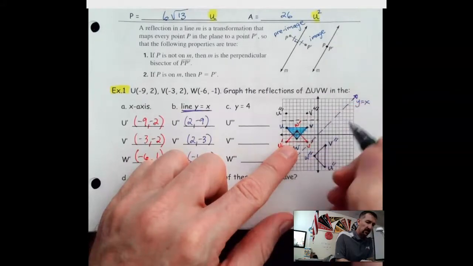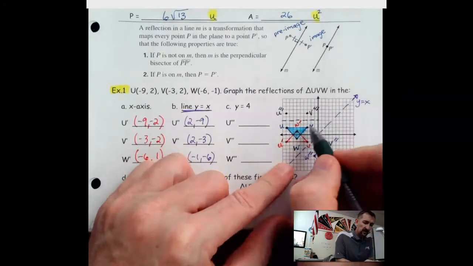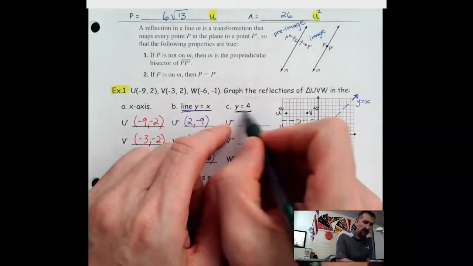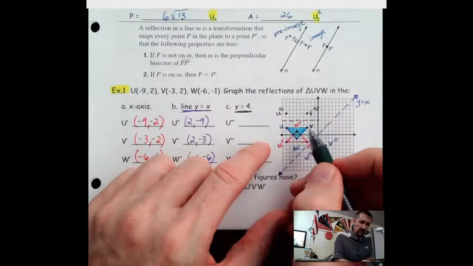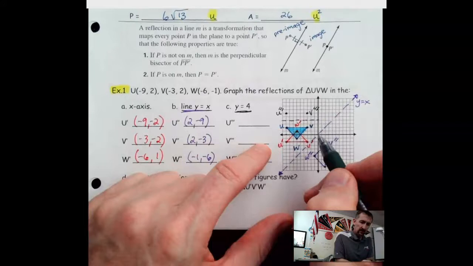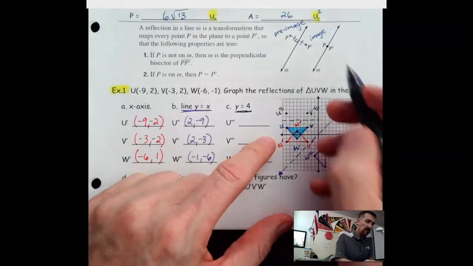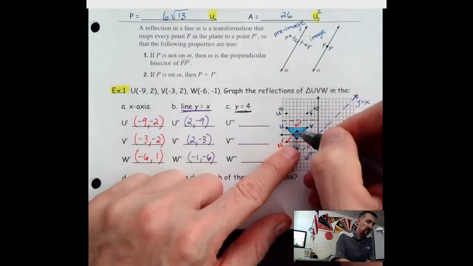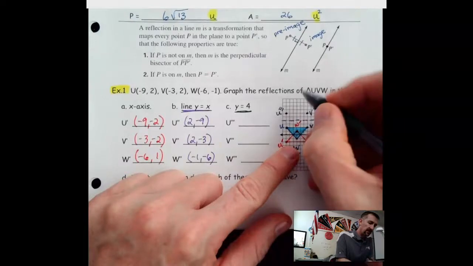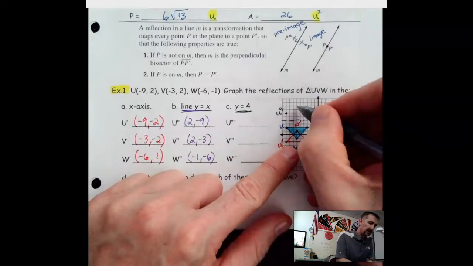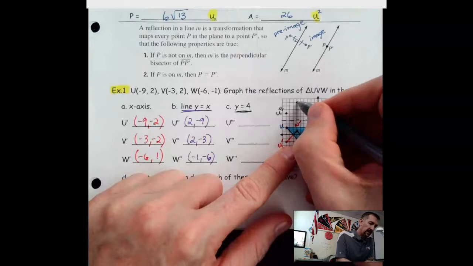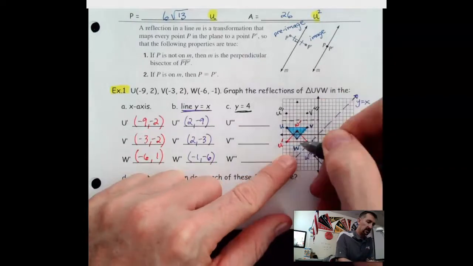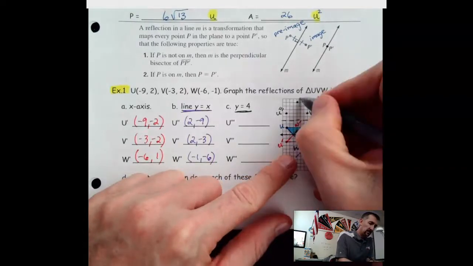Okay, v triple prime. This line right here. And then this is 1, 2, 3, 4, 5. 1, 2, 3, 4, 5. That is going to be w triple prime.